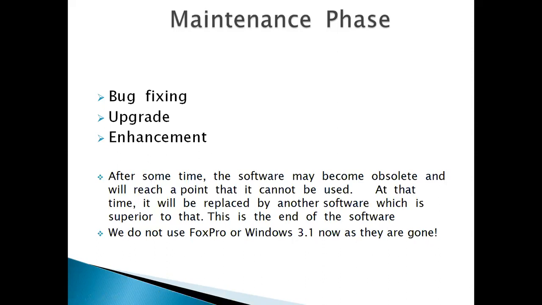At that time, it will be replaced by another software which is superior. This is the end of the software. We do not use FoxPro or Windows 3.1 now, as they are gone, and we do not use mainframe applications much either, as they are becoming obsolete. So now everything has changed.